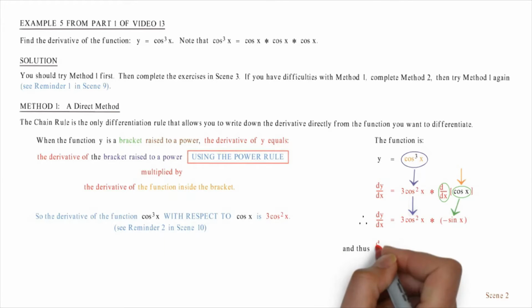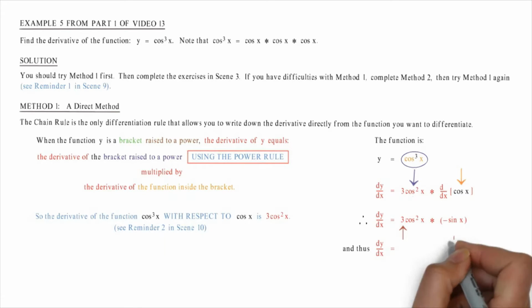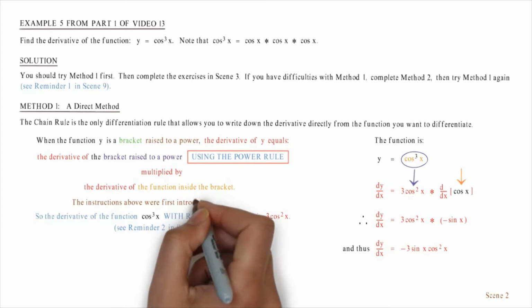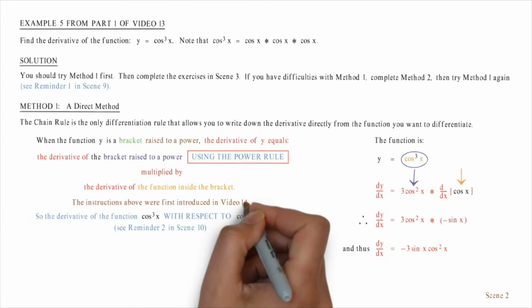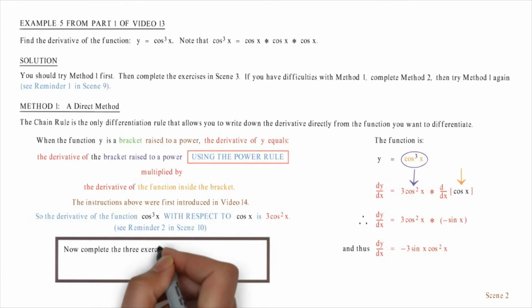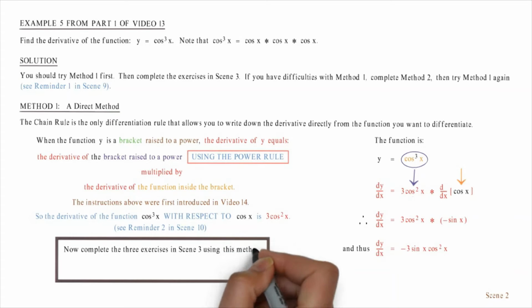And thus dy by dx equals 3 times minus sine of x, which is minus 3 sine of x, bring down cos squared x. The instructions above were first introduced in video 14. Now complete the 3 exercises in scene 3 using this method.